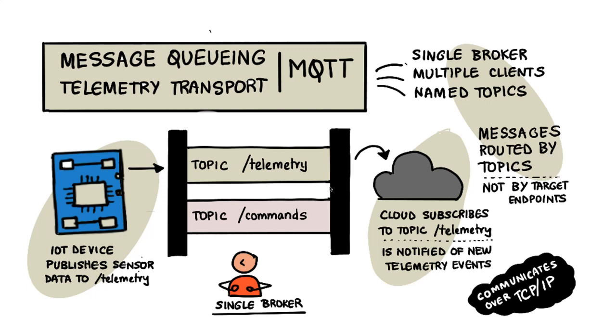You could have 1 million devices listening on the commands topic, one cloud service pushes a message to the commands topic, all 1 million devices will get that. So everything's routed via the topics. It's all done using TCP/IP, so it's all done using a standard network stack under the hood, which is quite nice because it works on devices that support TCP/IP, which is most Wi-Fi connected or Ethernet connected IoT devices.